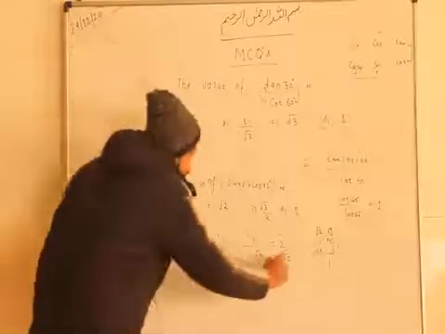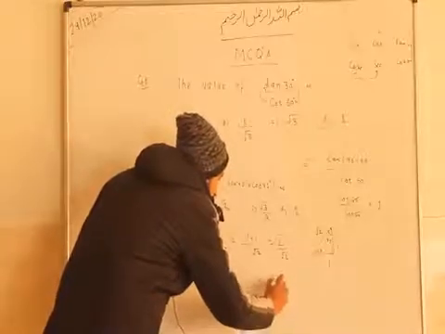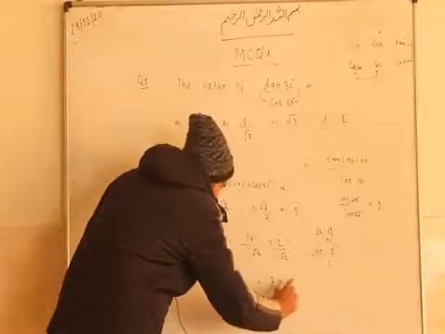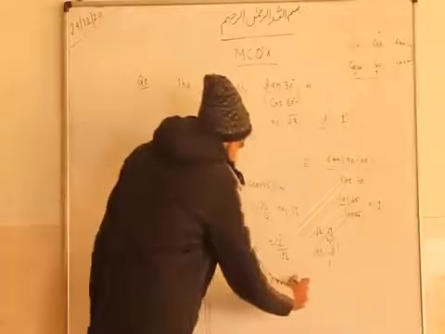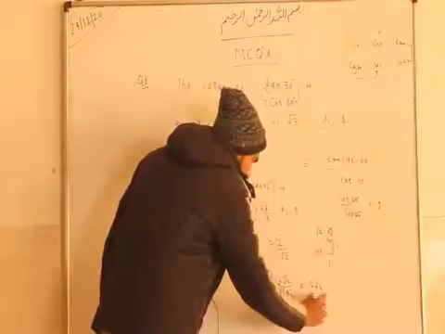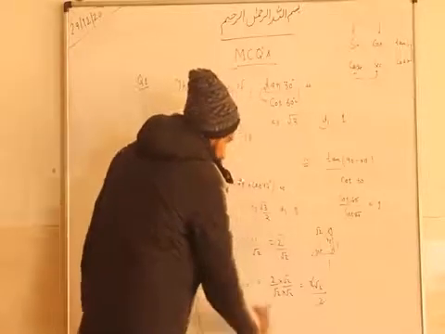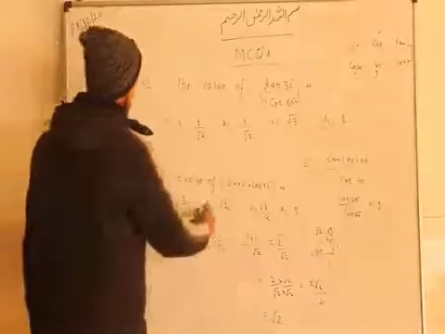For this, we multiply numerator and denominator by root 2. So this is 2 root 2, and root 2 into root 2 will be 2. So this cancels out and the answer is only root 2. So option B is correct.